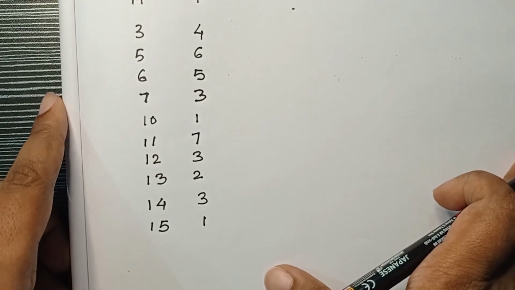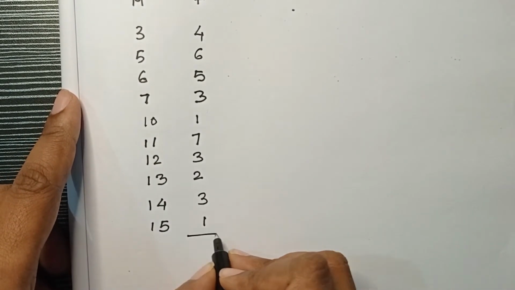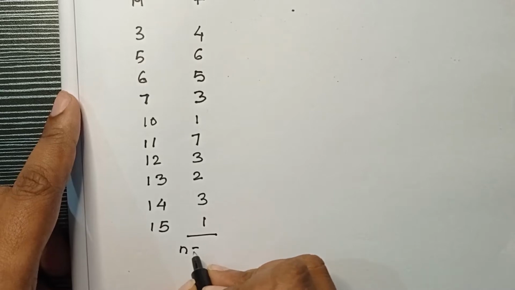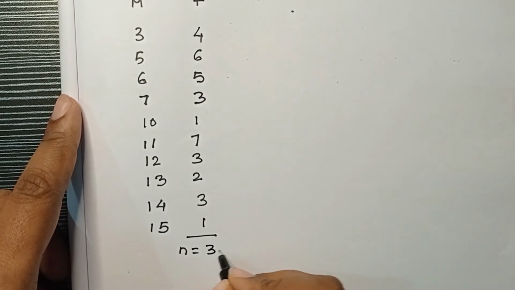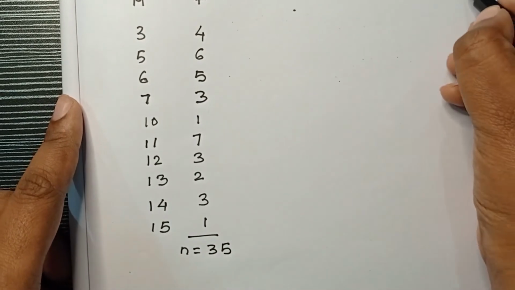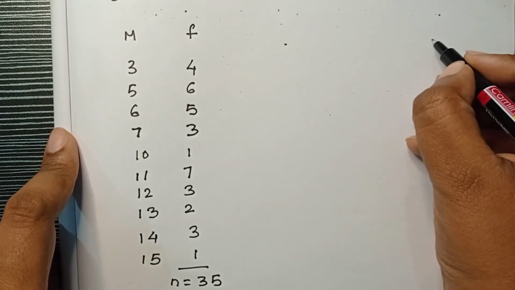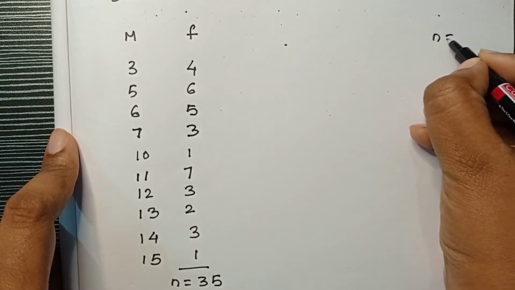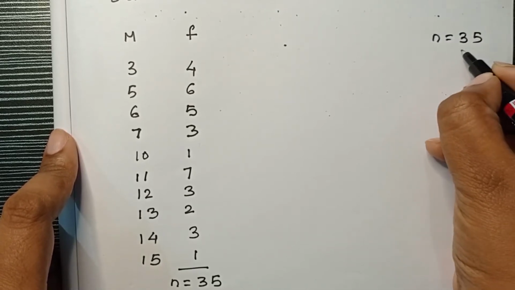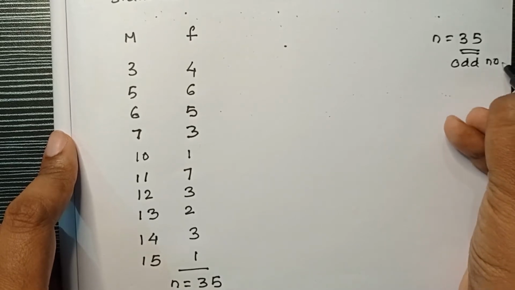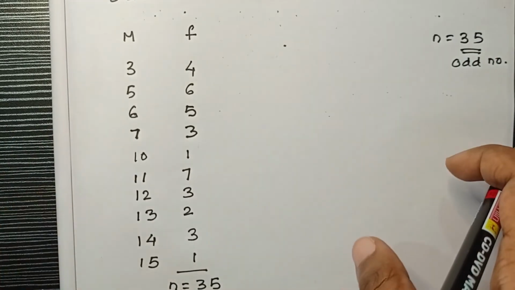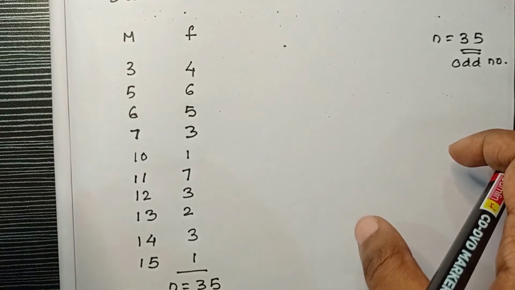Now next we are going to calculate the total frequency n. If I add all these values, I get 35. So n equals 35, and we all know that 35 is an odd number. How to find median for an odd number we had covered in the previous video, please do check it out.